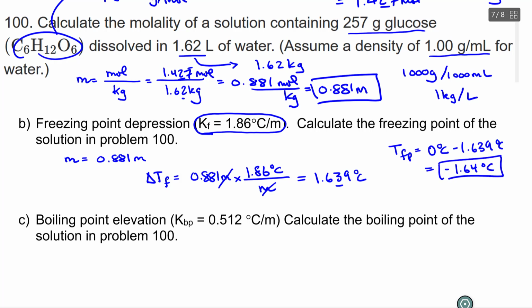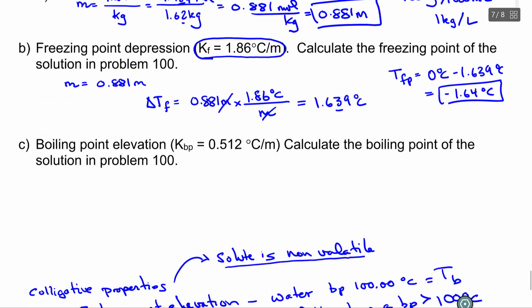If water's freezing point hadn't been 0 degrees, it would have been some other temperature, but it's always that much lower, 1.64 degrees Celsius. It doesn't matter if it was glucose or sucrose or any of those things, as long as the molality of the particles is the same.